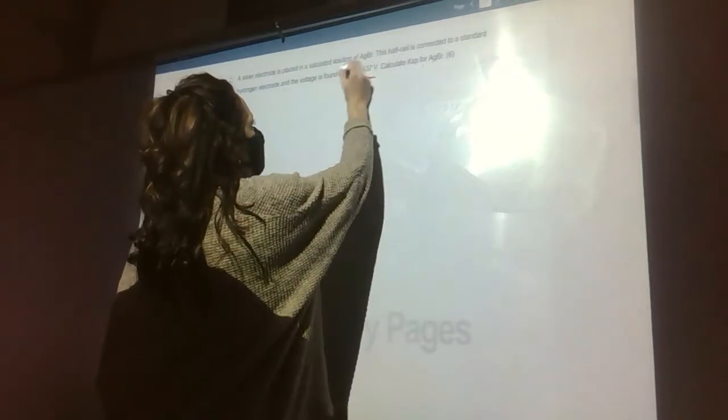Number 2, a silver electrode is placed in a saturated solution of silver bromide. The half cell is connected to a standard hydrogen electrode, and the voltage is found to be positive 0.437 volts. Calculate KSP for silver bromide. So you could do one of two things here, but the main thing that you have to focus on is that your cell potential is not what it should be.